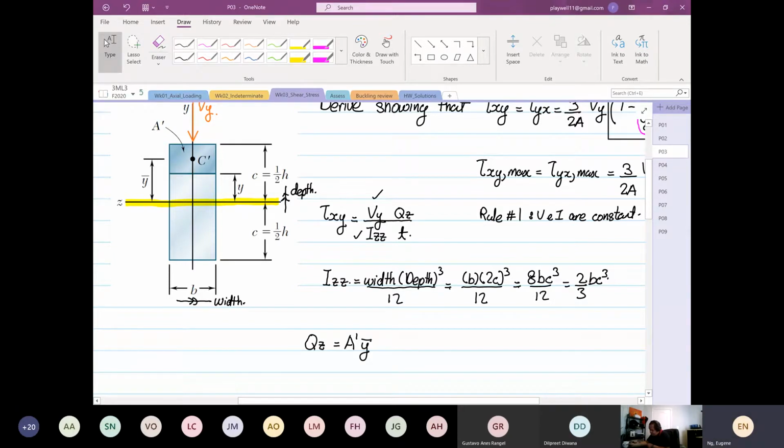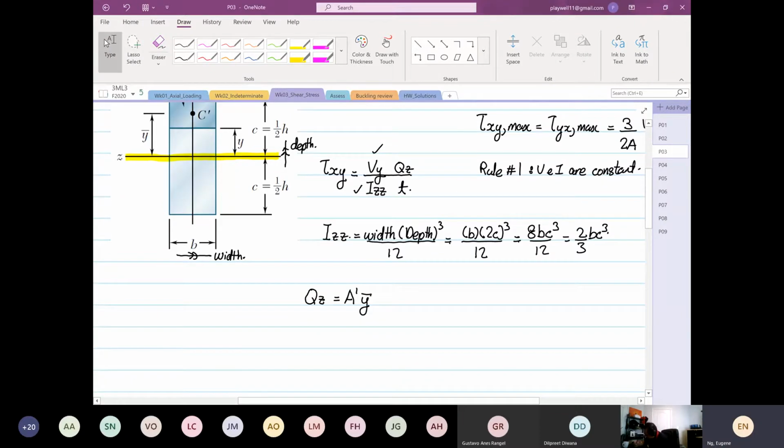Okay, so I define A prime as the area of concern, or interest. Y prime is the distance from the centroid.